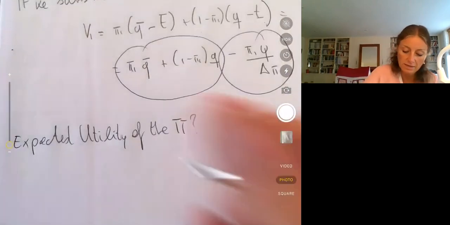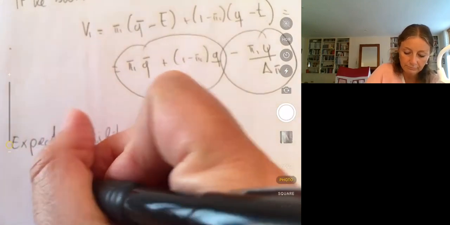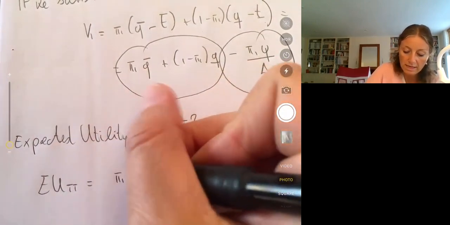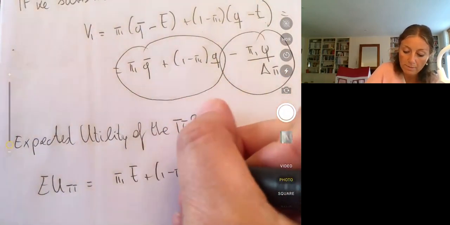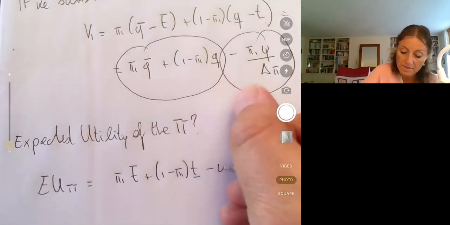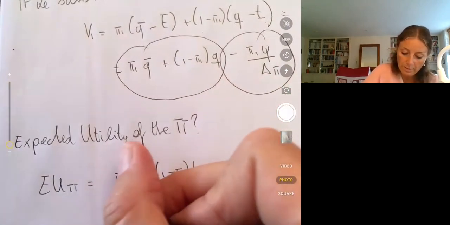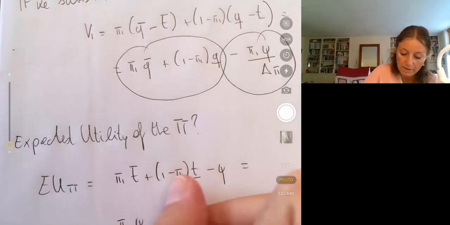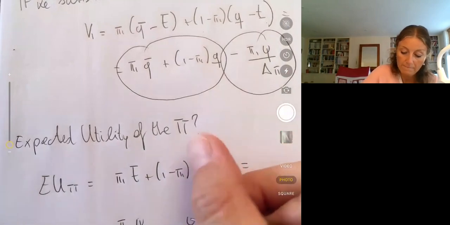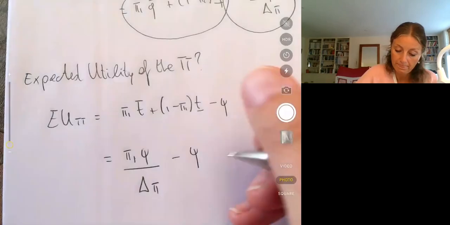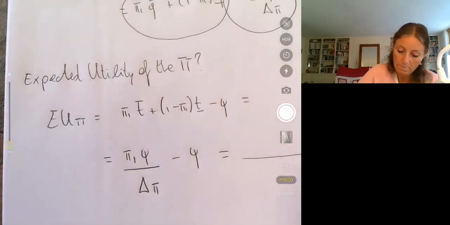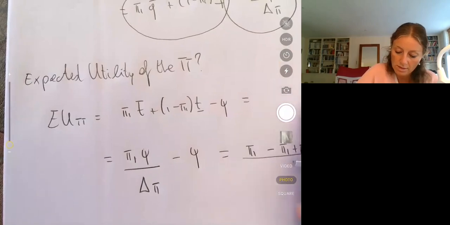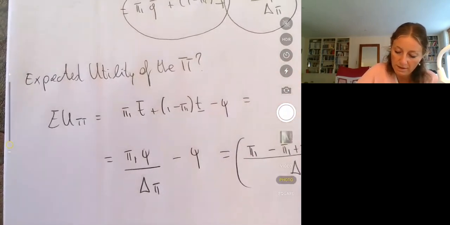The expected utility of the tenant will be given by pi 1 T upper bar plus 1 minus pi 1 T lower bar minus psi, which is given by pi 1 times psi divided by delta pi minus psi, which is equal to pi 1 minus pi 1 plus pi naught delta pi, everything multiplied times psi, which eventually will leave us with.